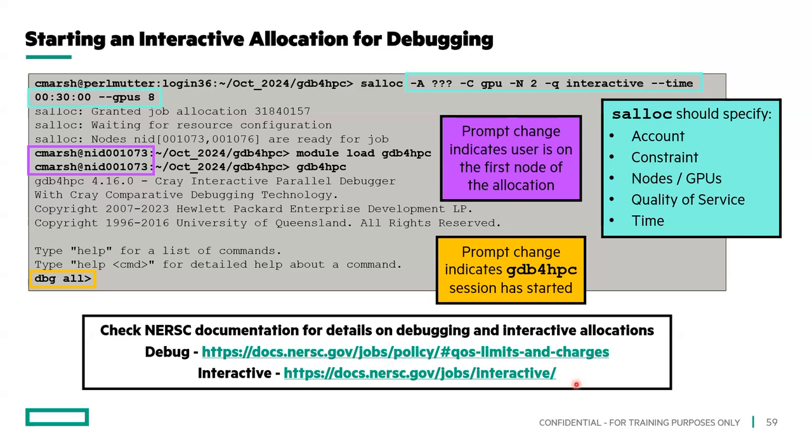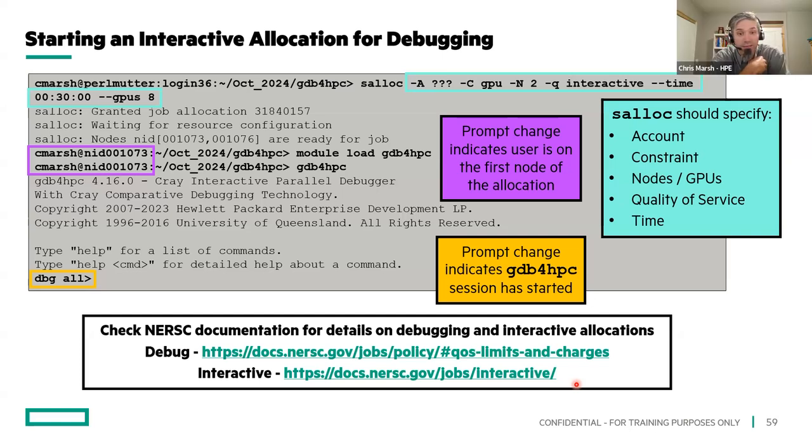Interactive allows you up to 4 hours, with up to 64 nodes, and it's shared among the members of the same project. Debug allows many more, bigger jobs, but only up to 30 minutes. So interactive is for smaller jobs, and it's actually usually quicker to get nodes than debug.